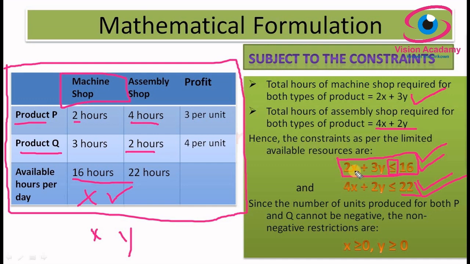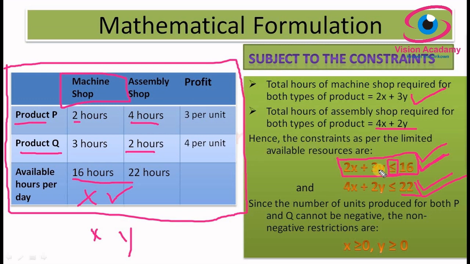So by product P and Q, which means X and Y, only less than or equal to 16 hours can work. There is a restriction of 16 hours. You can't go more than 16 hours because available hours is 16 hours. So I have taken less than or equal to. I have not considered greater than. Greater than means more than 16 hours.